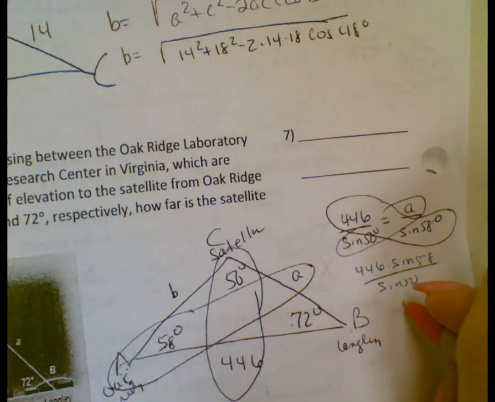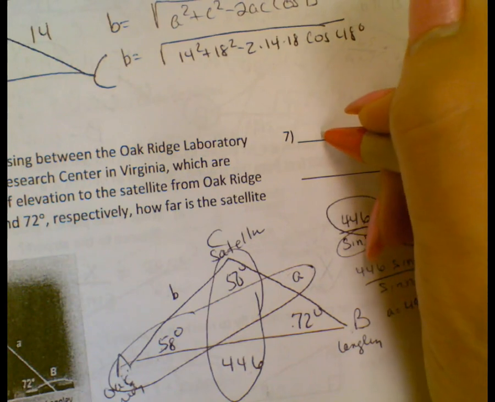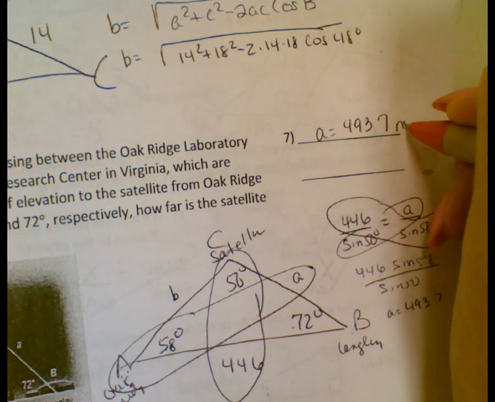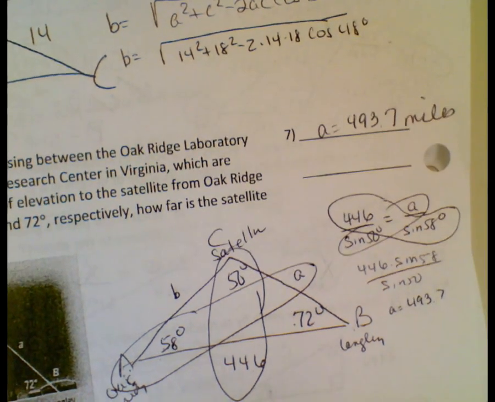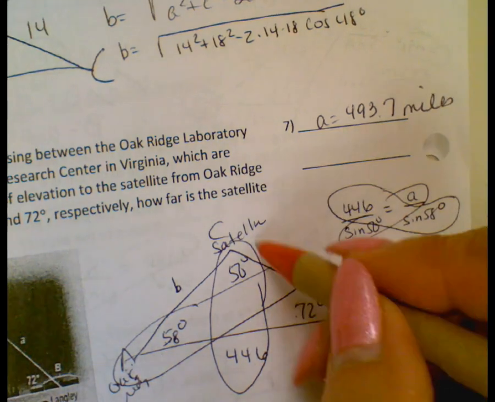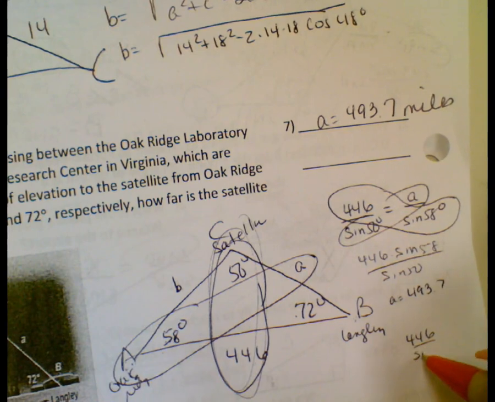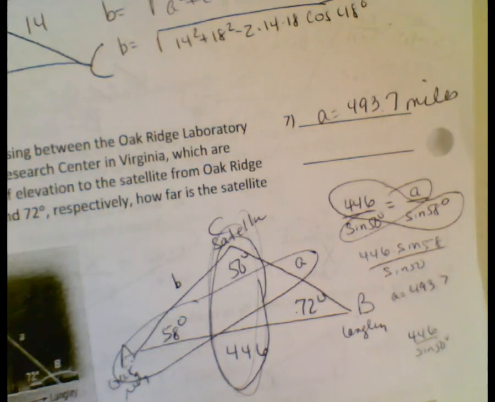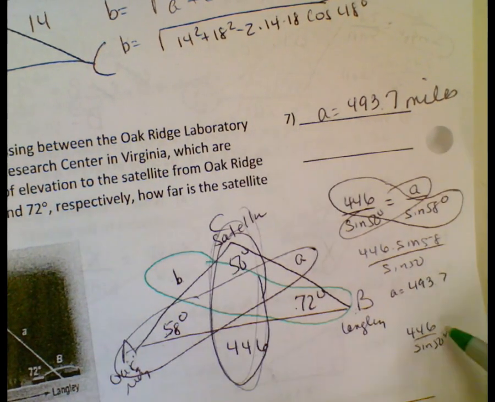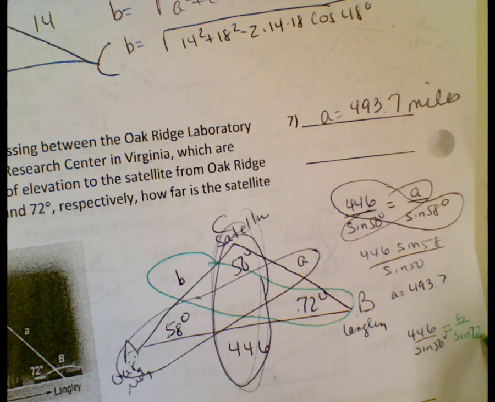493.7. And that is A. So A is 493.7 miles. And now we're going to find B. We're going to do law of sines again, so we're still going to use this same ratio right here, 446 over sine 50. But this time we're using the B ratio, so that's equal to B over sine 72.